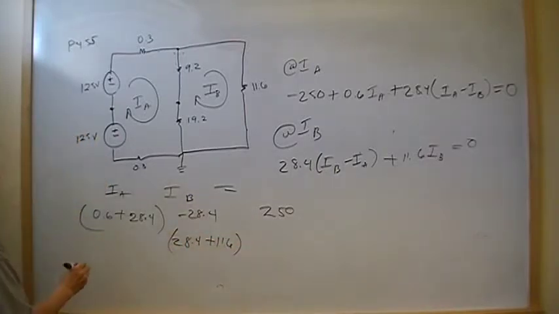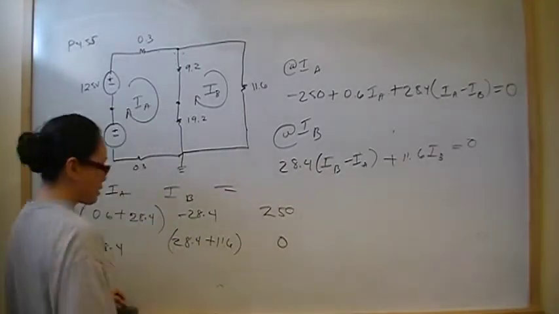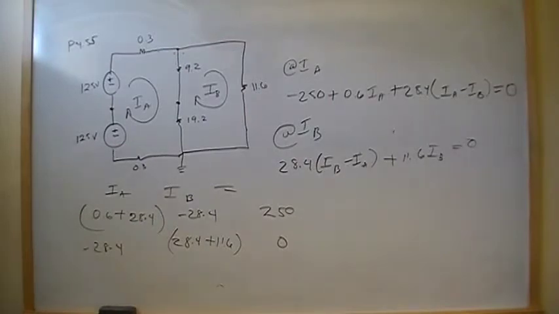And then for IA, we have negative 28.4 and 0 for constants. So let's find out what IA and IB are. We have two equations and two unknowns. It's going to be 0.6 plus 28.4, negative 28.4, and 250, negative 28.4, and then 28.4 plus 11.6 and 0, solve.